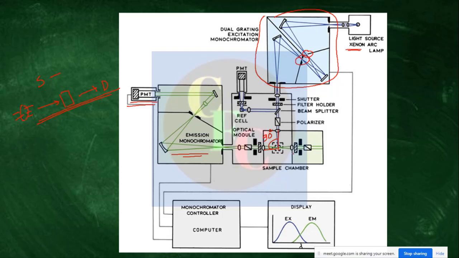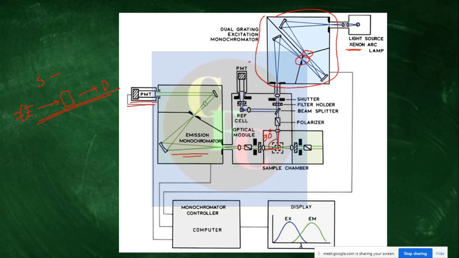But if the sample is opaque or solid, then an arrangement called front face geometry is used, where the detector is kept on the same face from where the incident light falls on the sample. That is for solid samples, but generally fluorescence is done mostly with liquid samples for routine purposes.